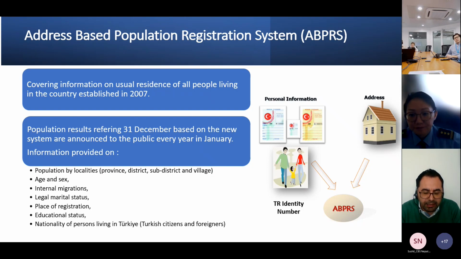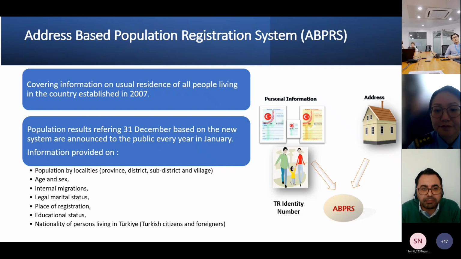This system enables us to provide information on the population by localities, by province, districts, villages, etc., and by age and sex, by migration, legal marital status, place of registration, educational status, and nationality of the persons living in Türkiye.